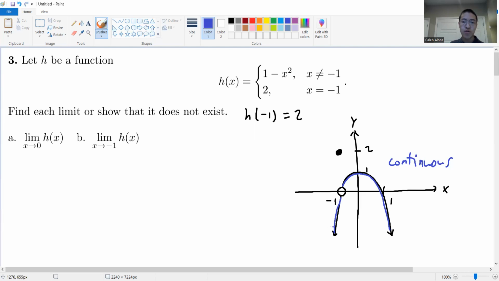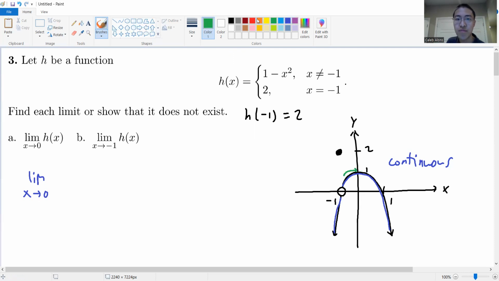Whenever you have continuity, that means the limit is going to be what the function value is. So in this case, the limit as x approaches 0, as we approach 0 from both sides, so here's x equals 0. We can approach it from the left, and we're approaching this value right here.